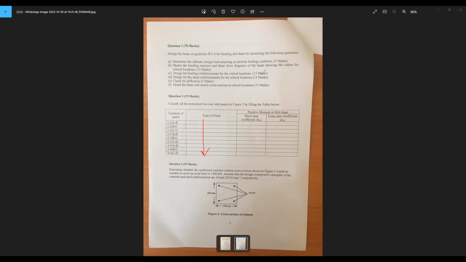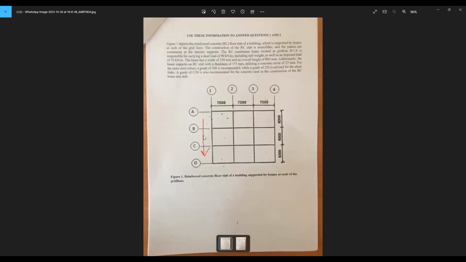Let's move on. So what you need to do first is, when you pick the type of panel here, panel 1, 2, AB, which is the panel we just classified, which is panel 1.